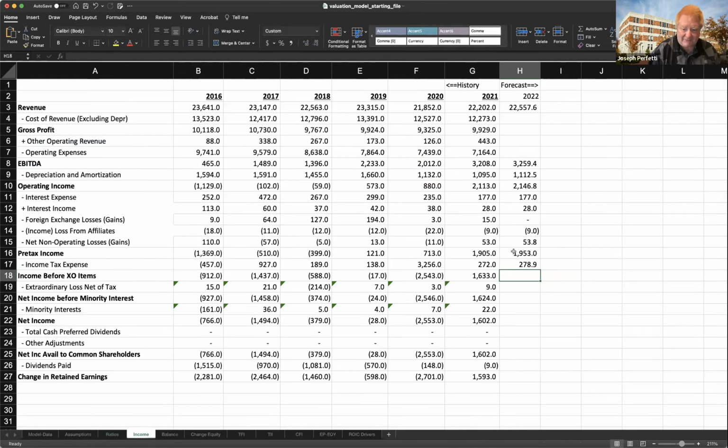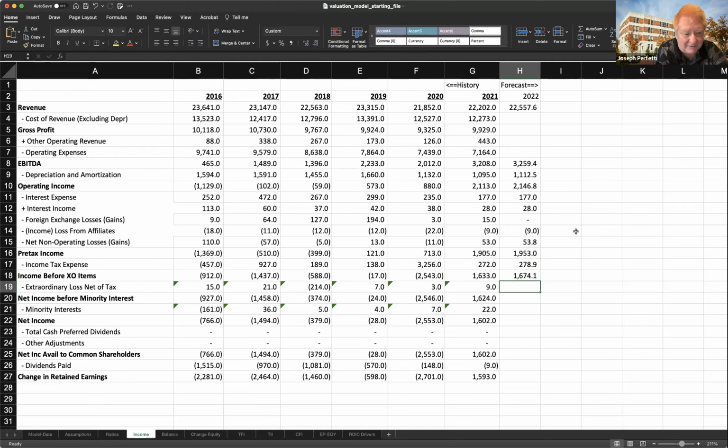So if we have 1953 of pre-tax, we pay out 278.9 in tax. Income before extraordinary items is H16 minus H17, 1674.1 income before extraordinary items.